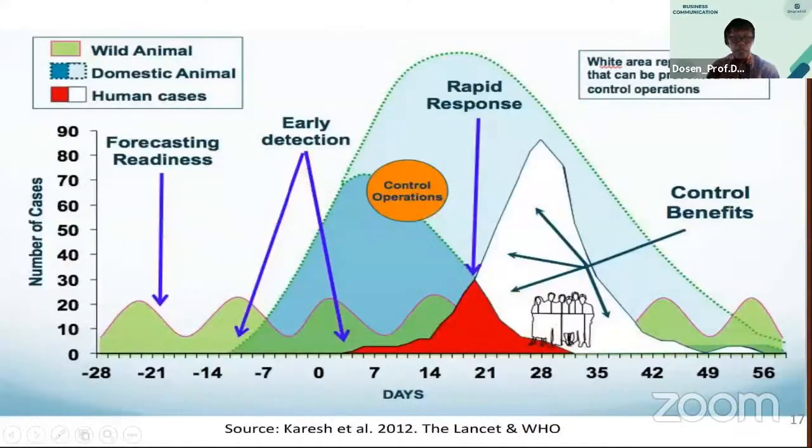So this next one is our favorite subject. If we do forecasting readiness yearly from wildlife, this green one is wildlife.